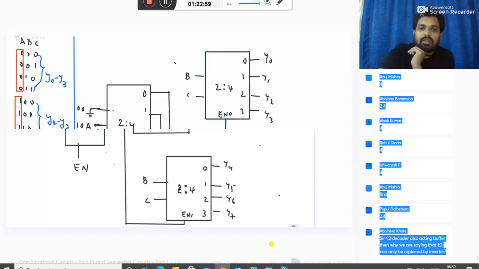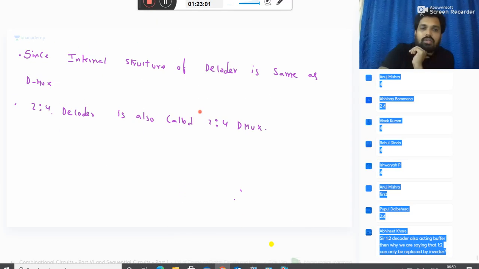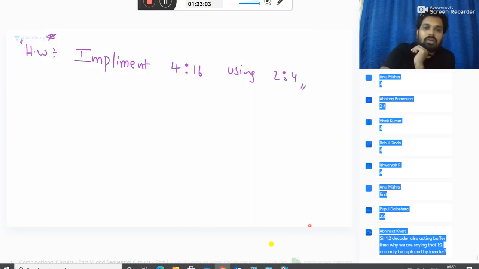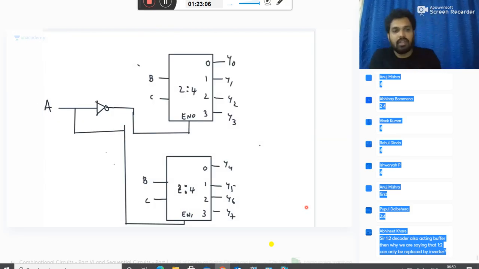Please listen, Abhinit. Yes. Use this here. A. Okay, you are getting A. You should not say it as a buffer. Output A, input A. You should not say it as a buffer because you are not doing any, there is no circuit here. In one way, technically, you can say both are same, so you can say it is a buffer. Here it is A bar. It is inversion and same.